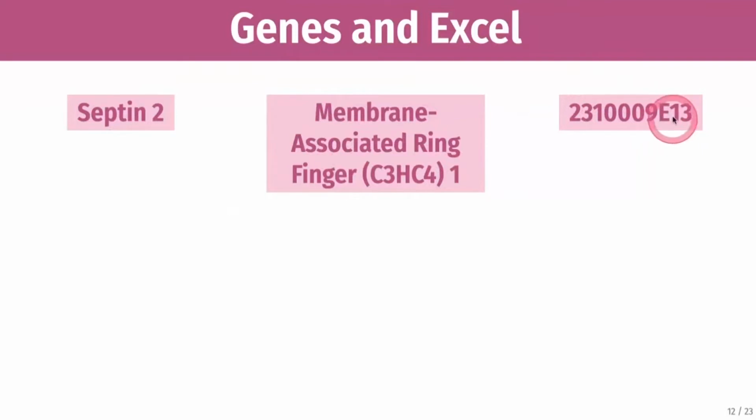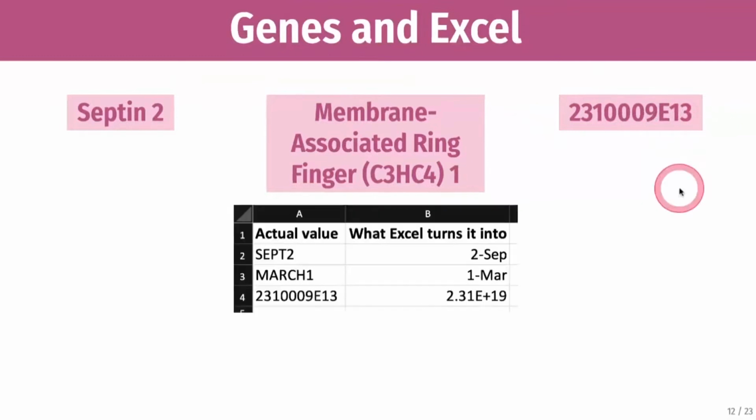This E is programming language for scientific notation, like times 10 to the 13th power. So it would pretend that this is 2310009 with 13 zeros after it. So yeah, you open this in Excel and this is what happens. And you end up with genes that are actually dates and genetic markers that are actually giant numbers.